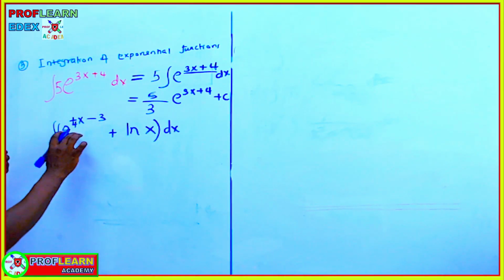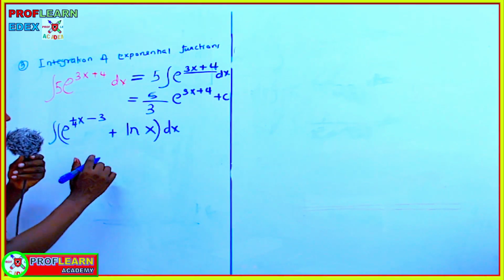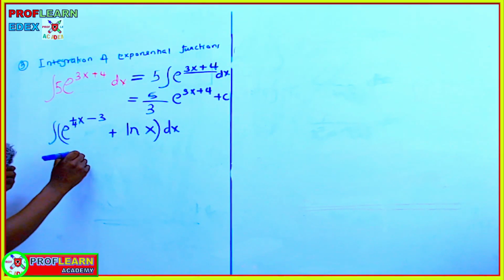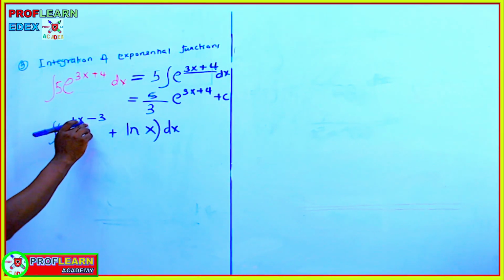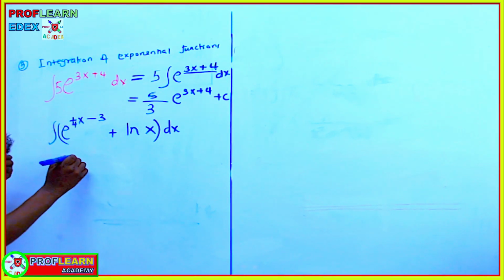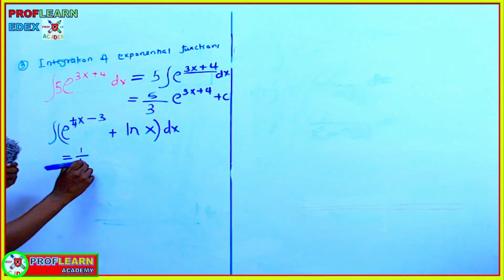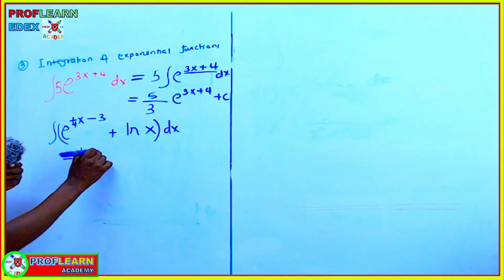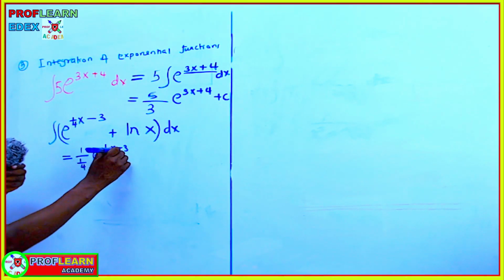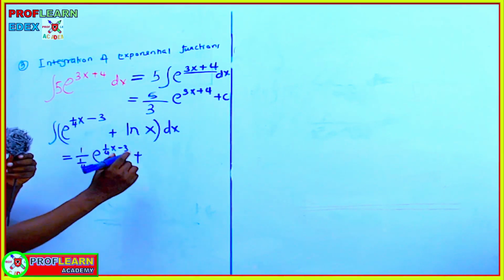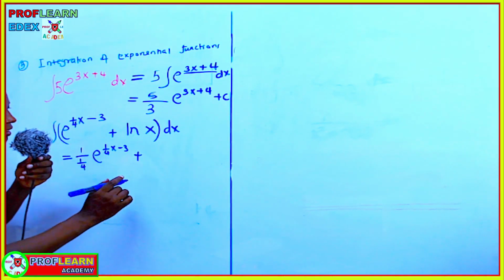What does it mean? You are going to integrate term by term. For this part, you are differentiating the exponent and you are going to get 1 over 4, so 1 over 4 e to the 1 over 4x minus 3, then plus. Integrating this, we are going to get the answer what?